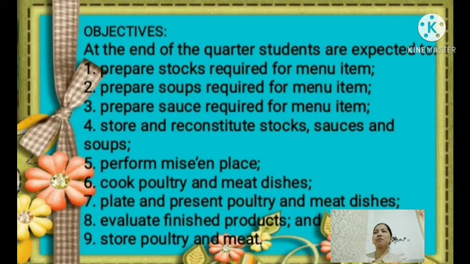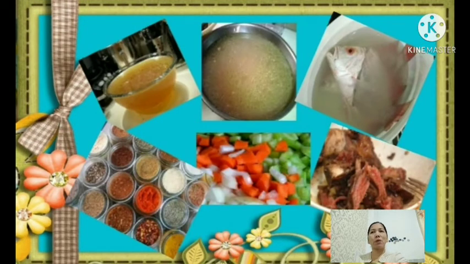Okay. Next, will you please study the picture presented? What did you notice? Pagmasdang mabuti ang nasa larawan, ano ang inyong nakikita? Yan, tama. Yan ay mga sabaw or mga soup.